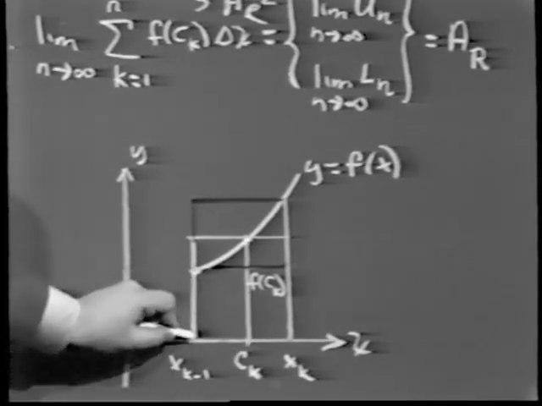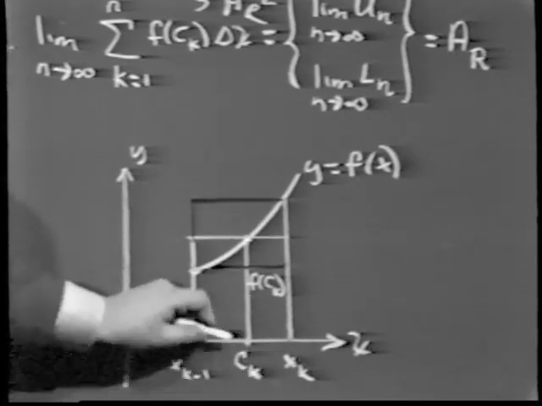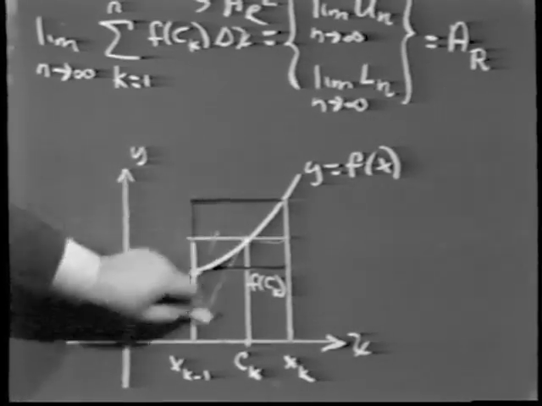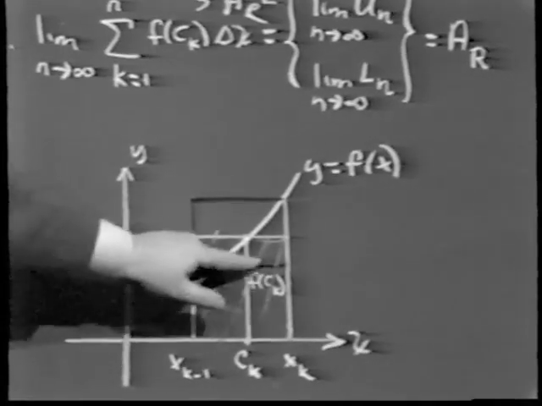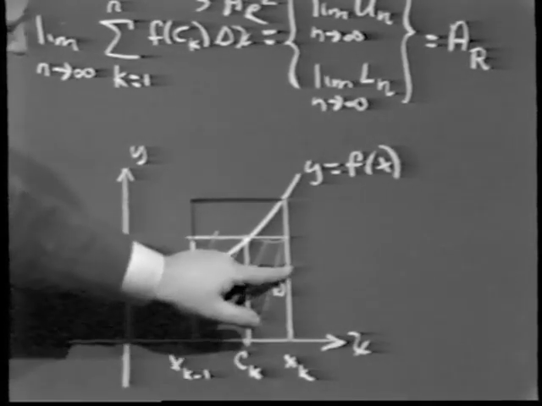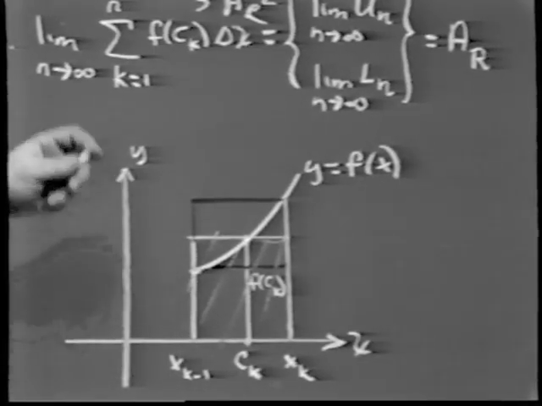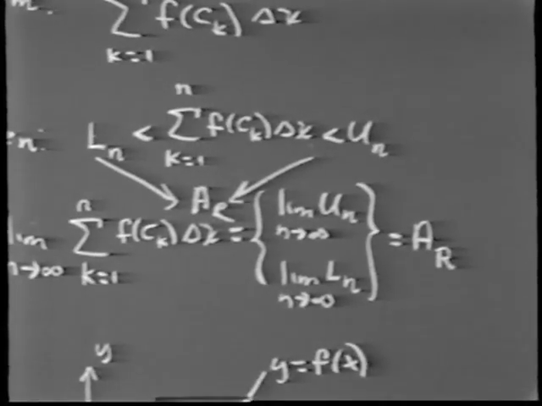Consequently, for any point between these 2 extremes, that's what C sub k is, pick the height that corresponds to that, and whatever rectangle you form this way must have a greater area than the rectangle that went into forming L sub n, but a lesser area than the rectangle that went into forming U sub n, and that's where this particular result comes from. Again, this is done in more detail in the notes, but I think some of these things you should hear me say out loud rather than rely on your reading it.